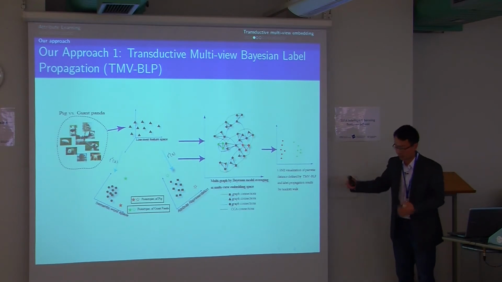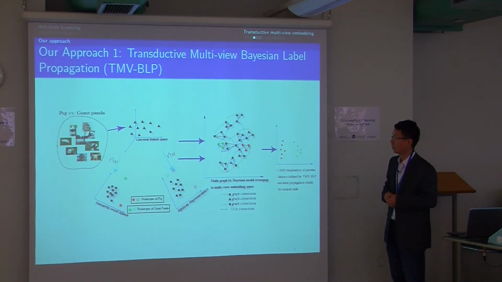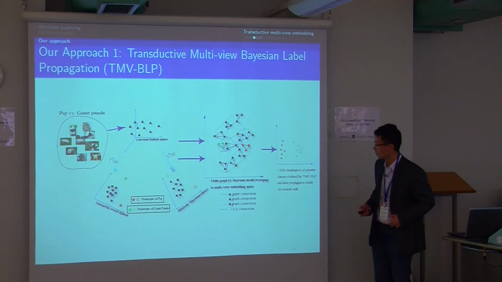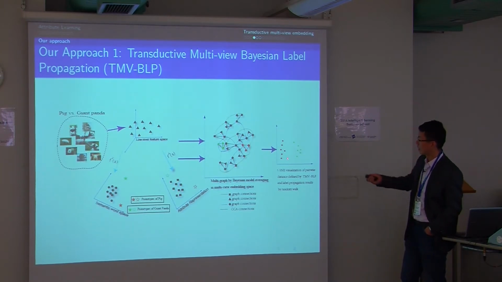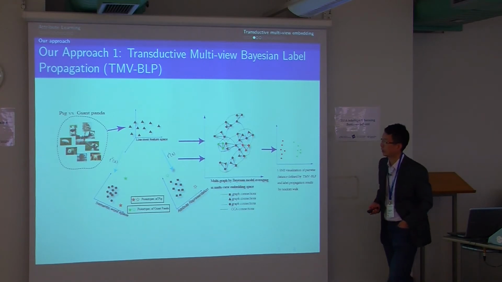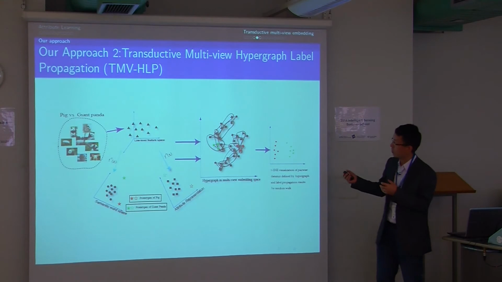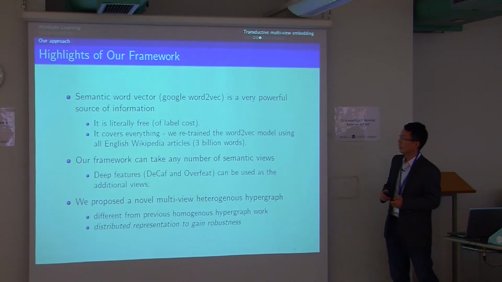Of course, this is a well-studied problem, label propagation on graphs for clustering and classification. So we just use existing techniques with some improvement. After that, you can see that the panda and the pig classes are well separated. We also have another extension based on a so-called hypergraph, and I won't bother you with the details.